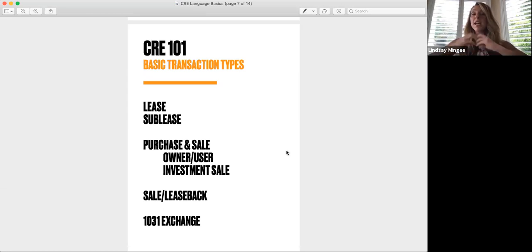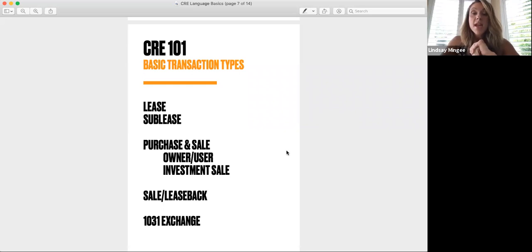I am going to try and sell the building to an investor who would buy it and leave my dental practice in place, and I will pay the new owner rent. So whereas before I was the user of that building, I paid myself rent. Now I'm going to sell that building to a new owner, and I'm going to lease that building back from them. That's what we call a sale leaseback. Little more complicated, kind of goes into CRE 102.